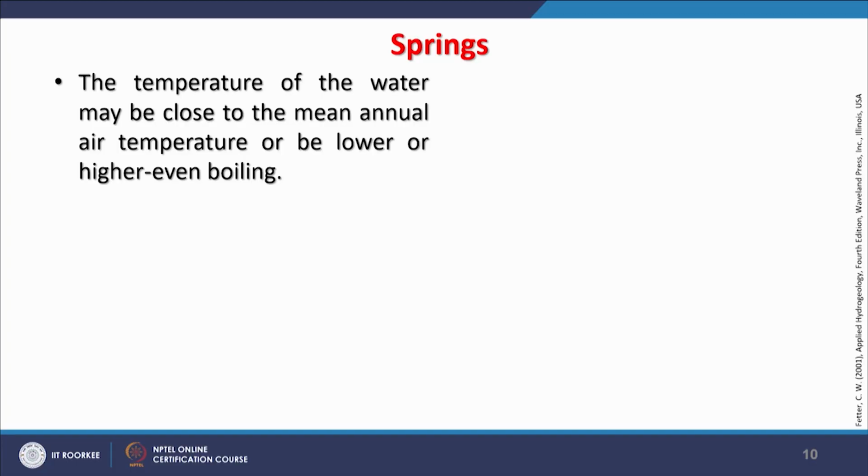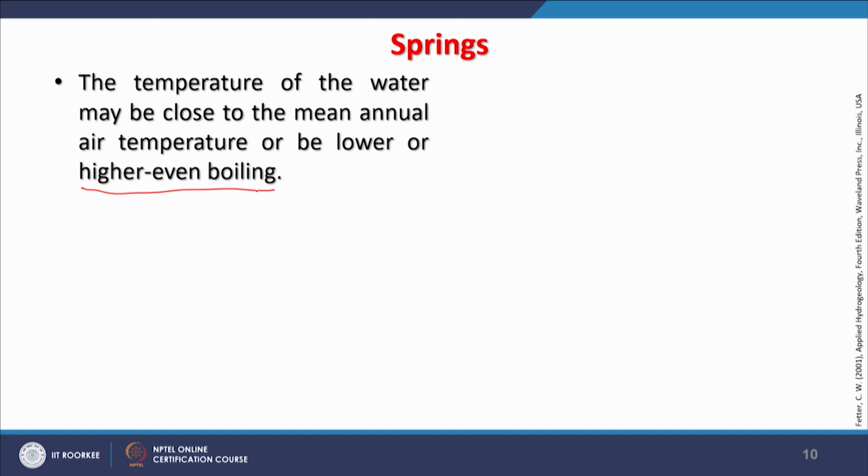Now, we also talk about thermal springs, we will be talking further on that. The temperature of water may be close to the mean annual air temperature, or lower, or higher, even up to boiling point. Because after all it is groundwater, the groundwater may have a different temperature than the atmospheric temperature, and sometimes the water is coming from deep in the earth, and therefore it may have very high temperature, even up to the boiling point.